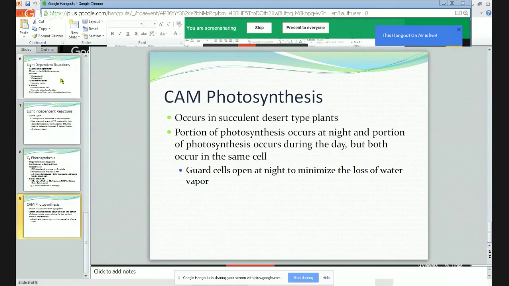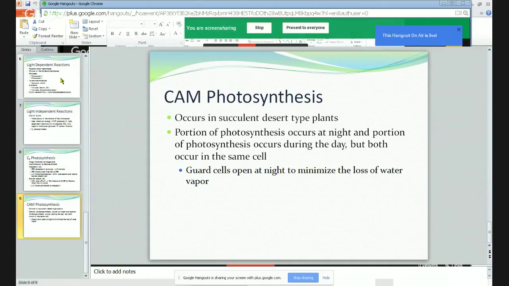And we're able to also go through that photosystem 2 and 1 to produce those ATP and NADPH. So, but we have a finite supply of malic acid. Once that malic acid is used up, in theory, the plant would stop photosynthesizing, because it's not going to open those guard cells in the middle of the day.